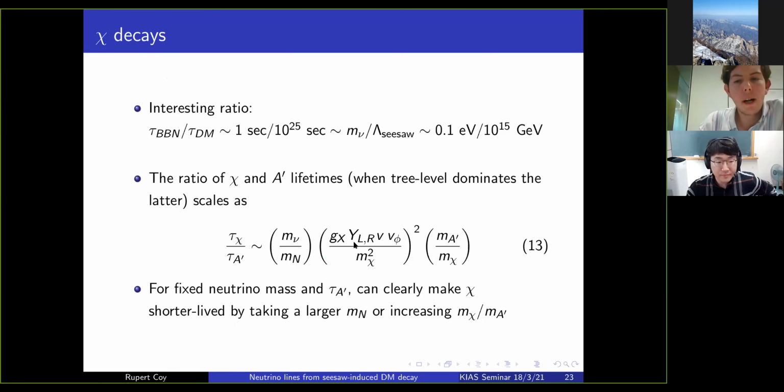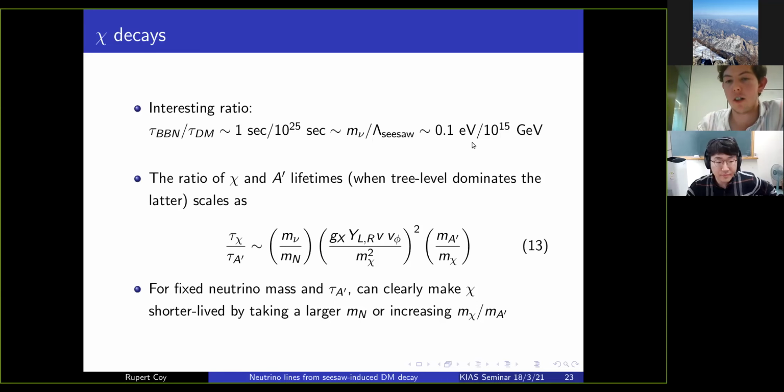I guess there's a couple of ways to see it. The first thing is that you have this interesting ratio, somewhat kind of numerology: the lifetime of BBN, 1 second, divided by the rough lifetime of dark matter to avoid these constraints, which is about 10 to the 25 seconds, is roughly the ratio of the neutrino mass divided by the natural seesaw scale, 10 to 15 GeV.